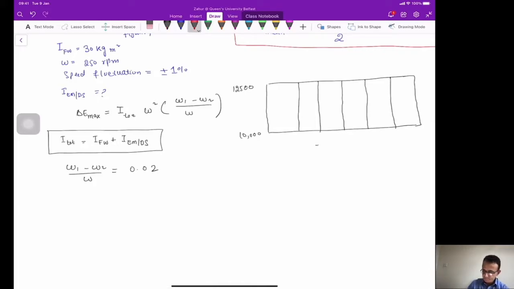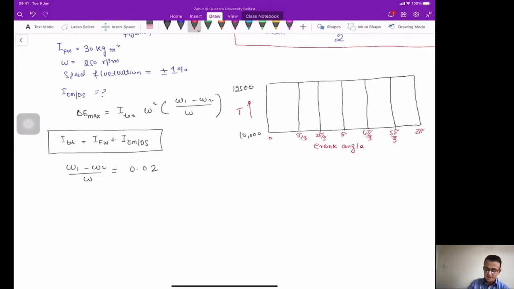This is our crank angle, and this is our torque, and this is zero angle. This is pi by 3, 2 pi by 3, and this is pi. 4 pi by 3, 5 pi by 3, and this is 2 pi.